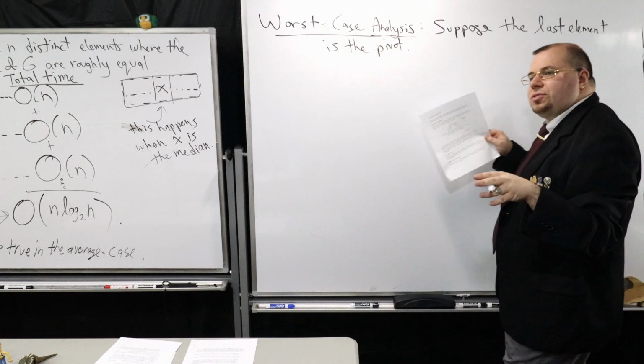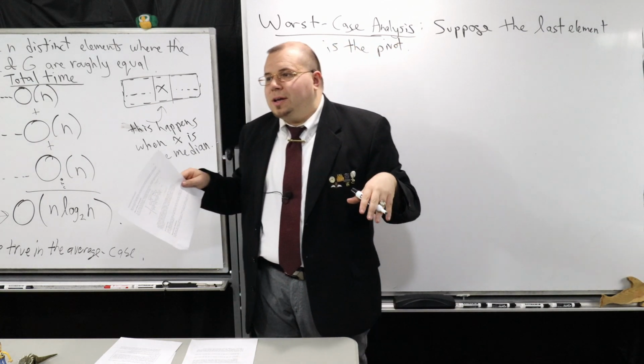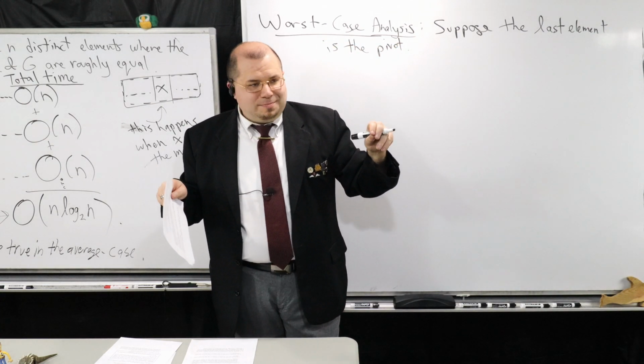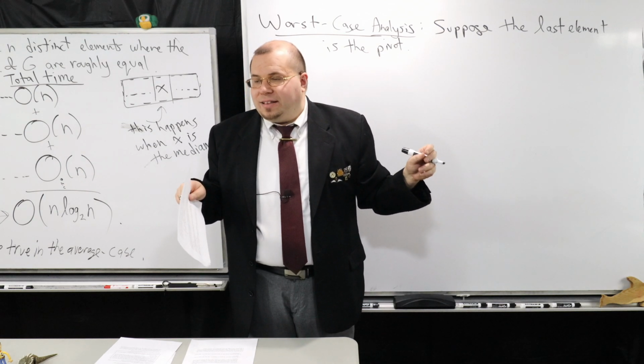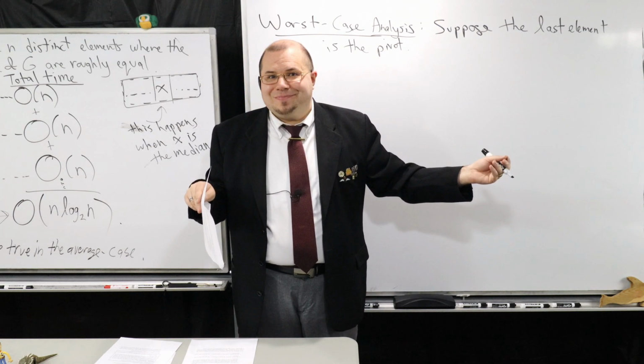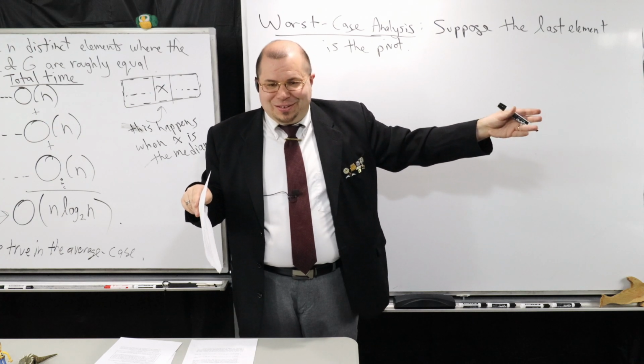So suppose that I go through this partitioning process and I find out that the very last spot ends up being where the pivot goes. So it's like right off the furthest right.